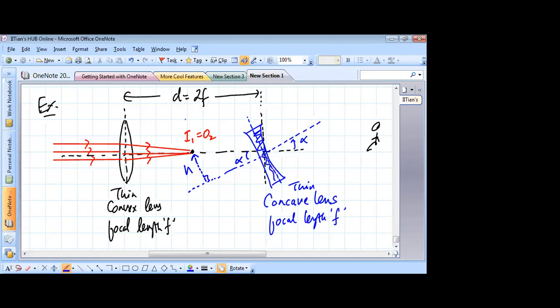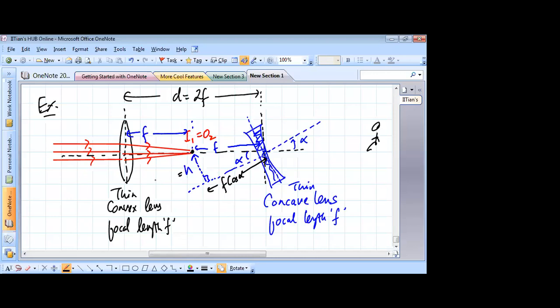And because this whole thing is 2f, this is equal to f. Because this was equal to f. Okay. So this becomes how much? This becomes f cos alpha.